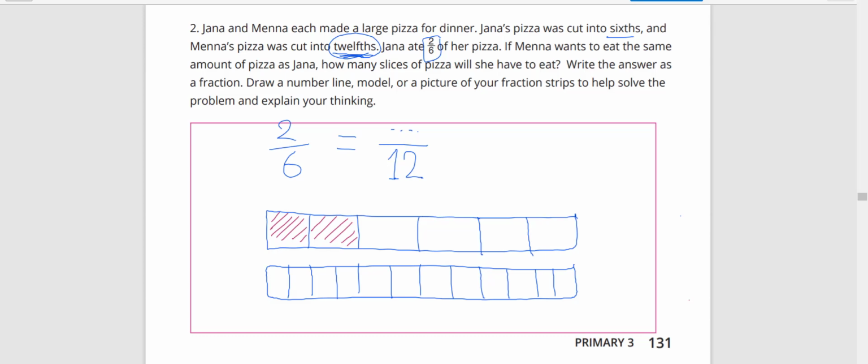Now we want the equivalent fraction, so in the second strip we shade 4 parts of the 12 parts. Now 2/6 equals 4/12.